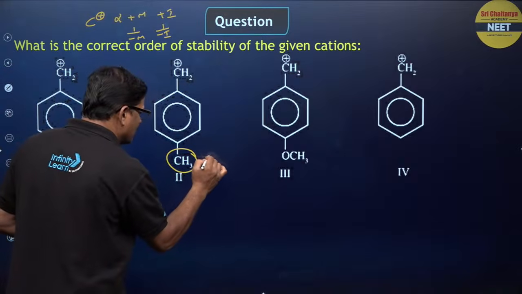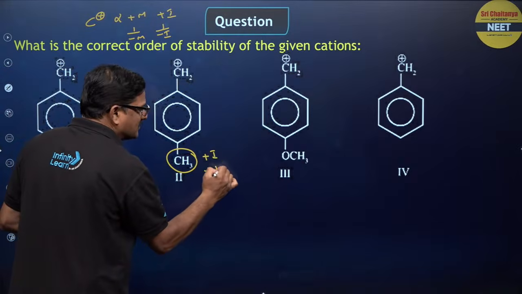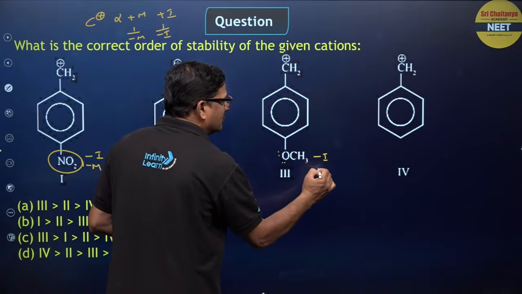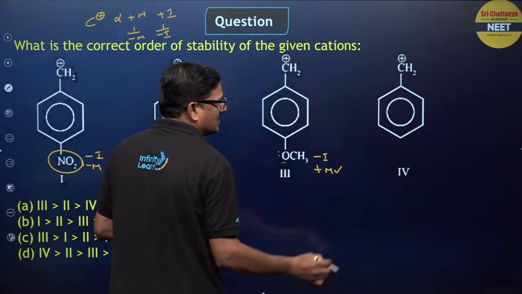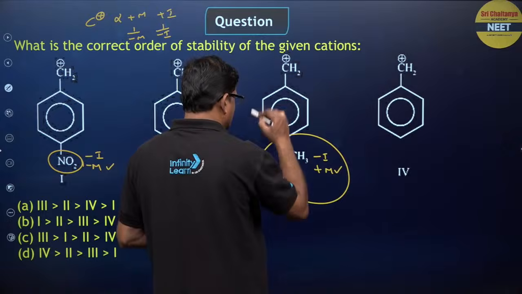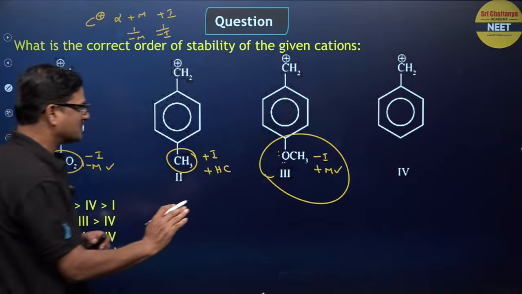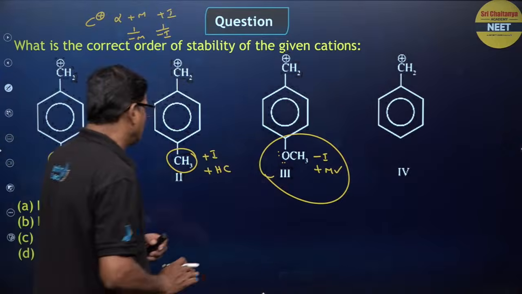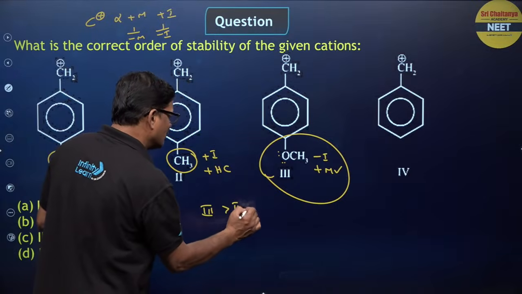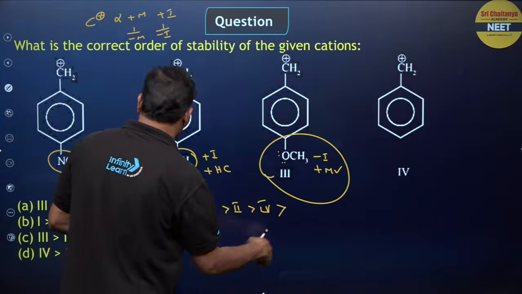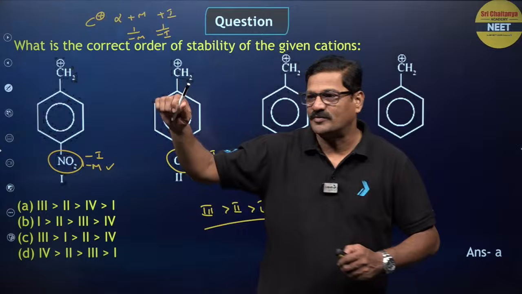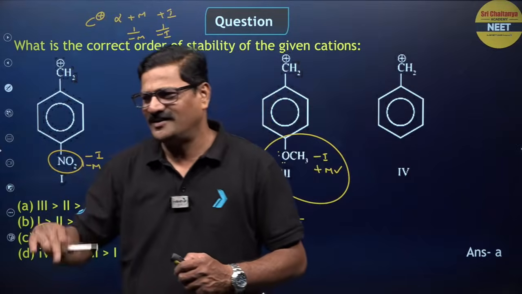One has a positive inductive effect and positive hyperconjugation, and another has a negative inductive effect but a positive mesomeric effect, so that one is going to be more stable. So 3 is more stable than 2, which is more stable than 4, which is more stable than 1. The answer for this question is option A.